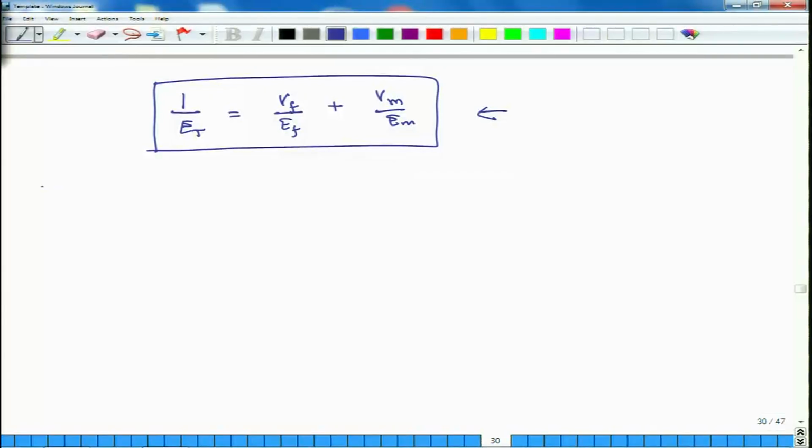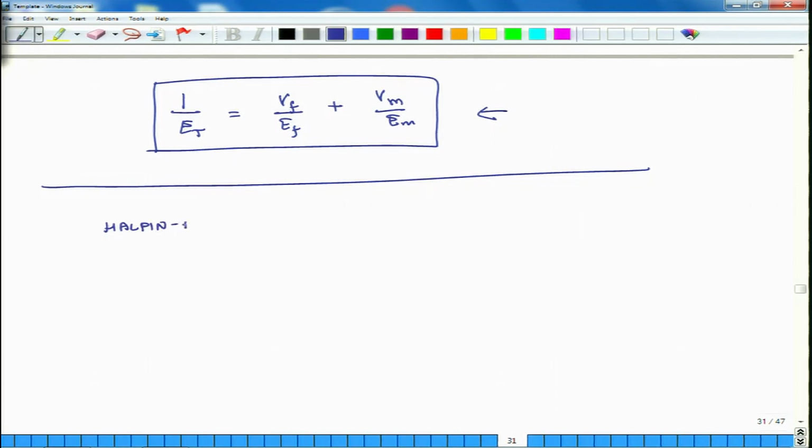So, people built more sophisticated models, and one model which provides very good results, I will explain that, is known as the Halpin-Tsai model.